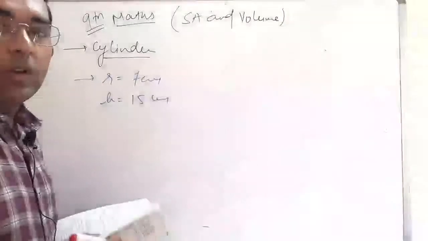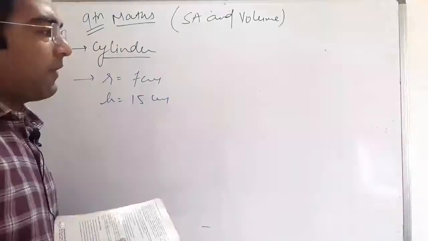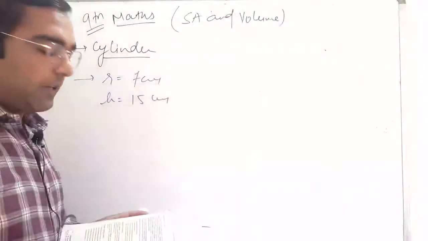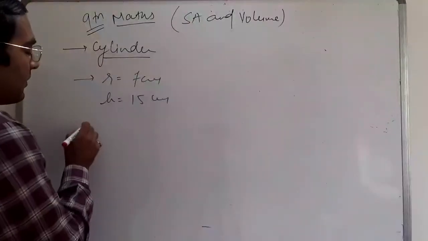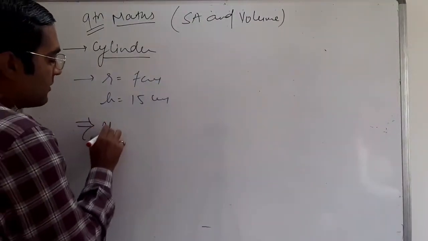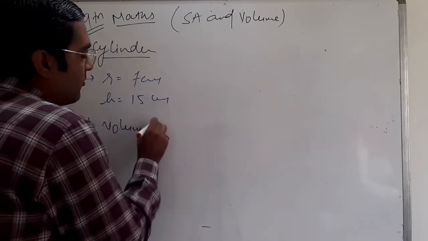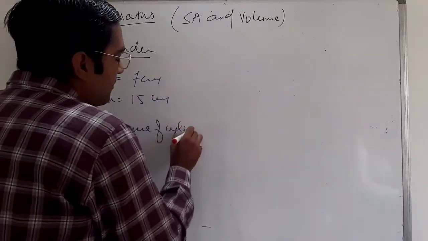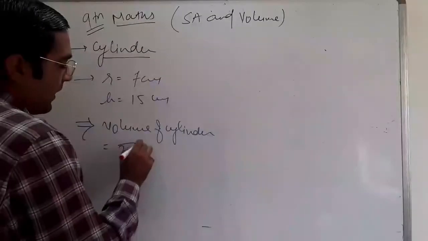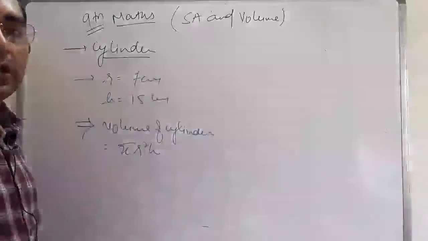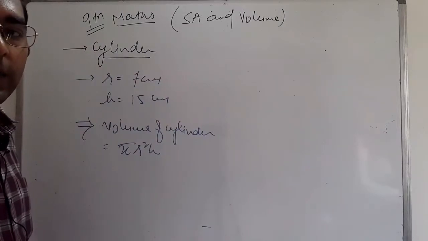Now I have to find the volume of the cylinder. For the volume of the cylinder my formula is volume of cylinder equals pi r square h.